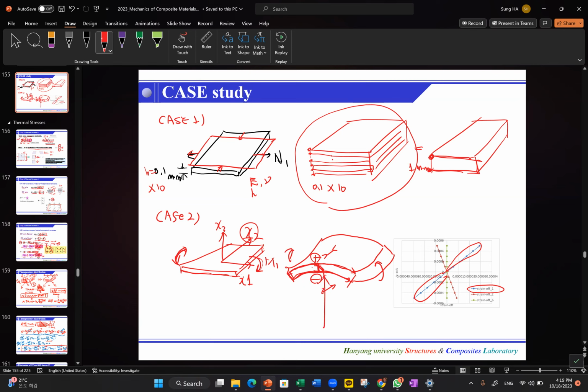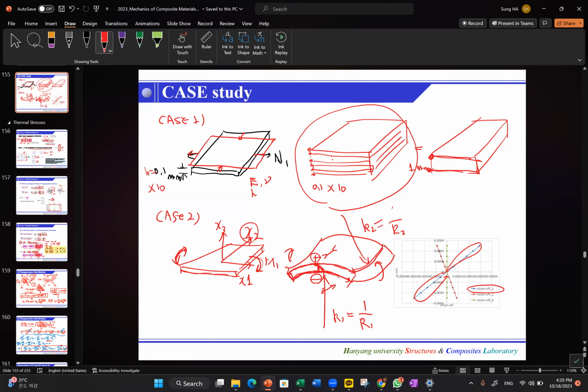So this will have curvature 1, and this one will have curvature 2, where curvature is always represented by the inverse of a radius.